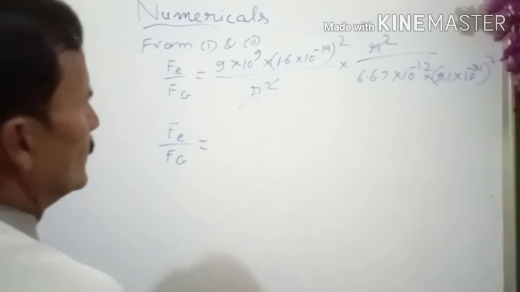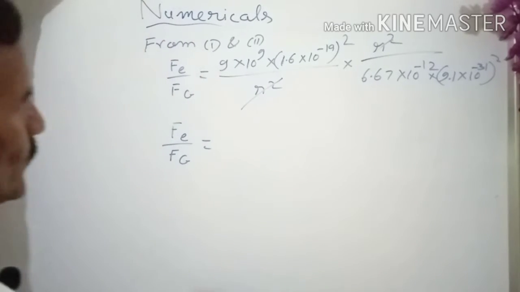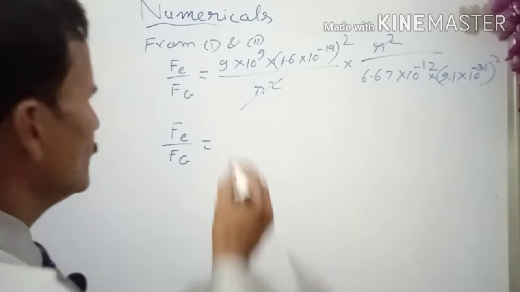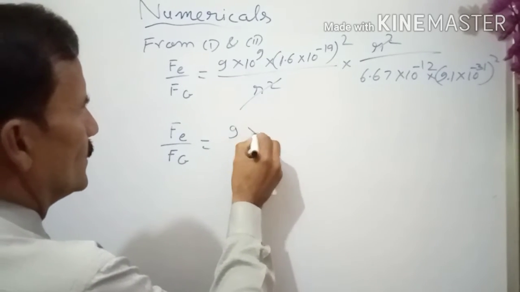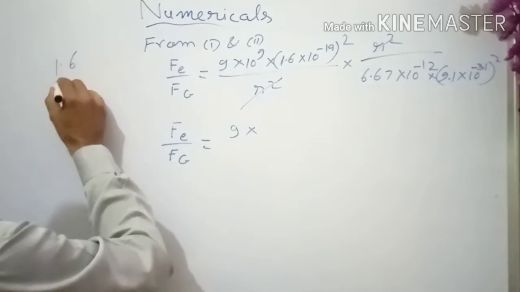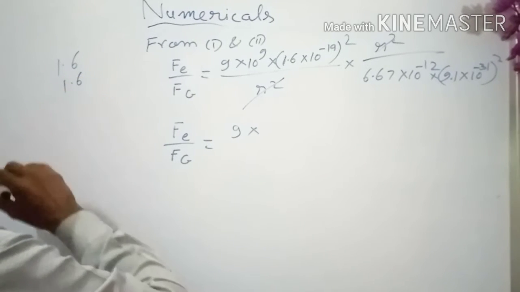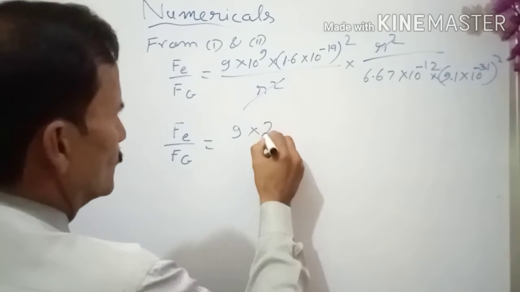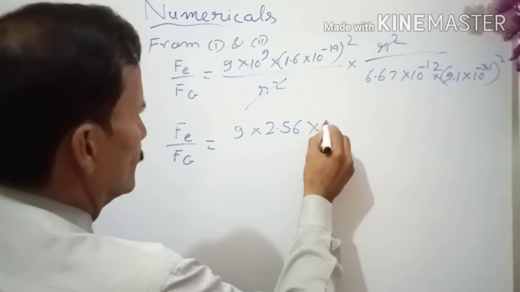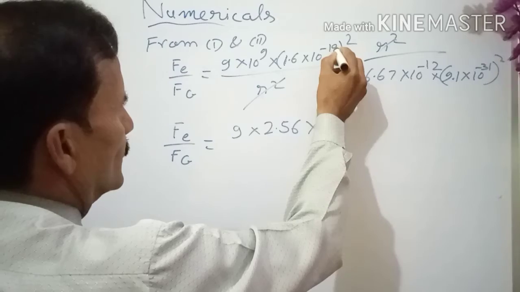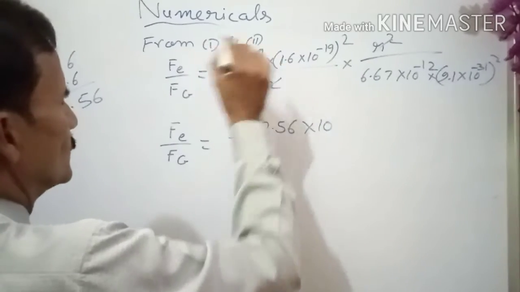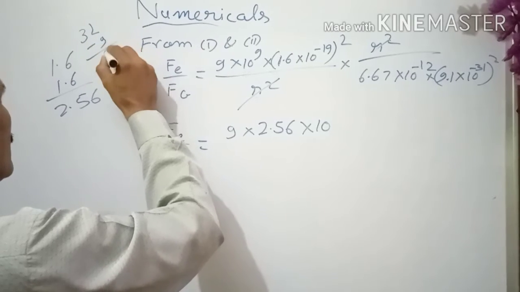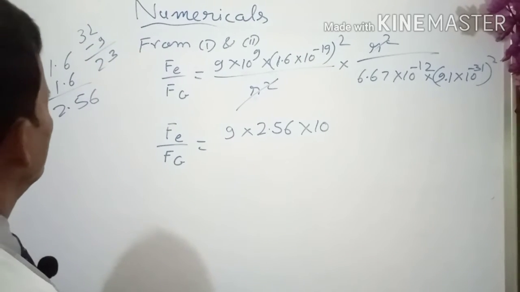You can calculate. Let us calculate 9 into 1.6 squared, that is 2.56 into 10 raised to the power 19, meaning 32 minus 9, 23.